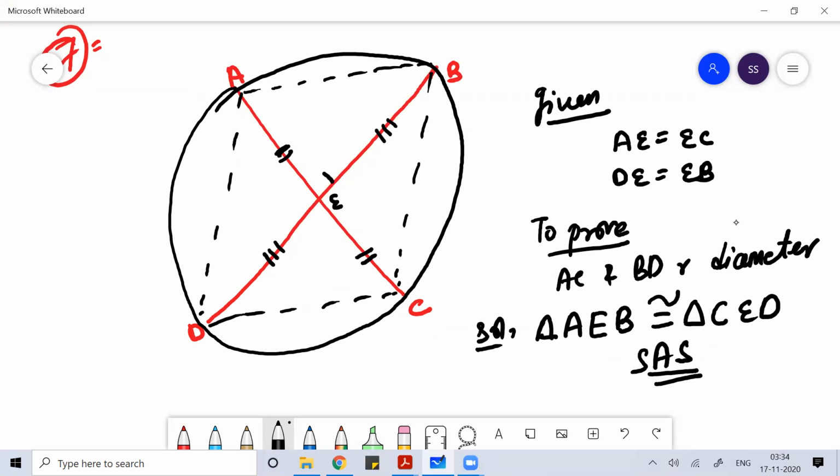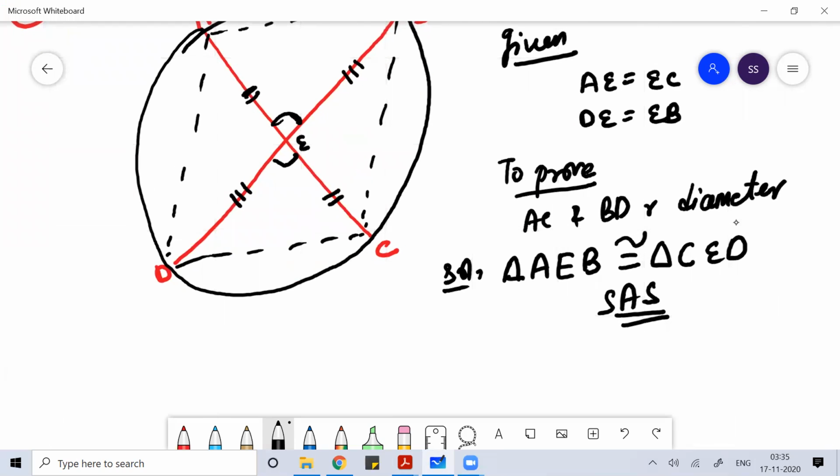This angle and this angle will be vertically opposite angles. So I can say that AB is equal to CD.